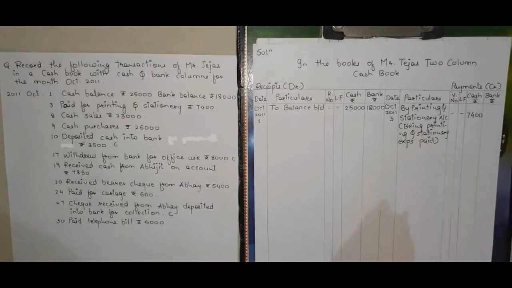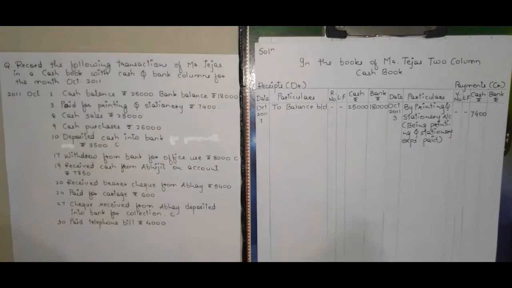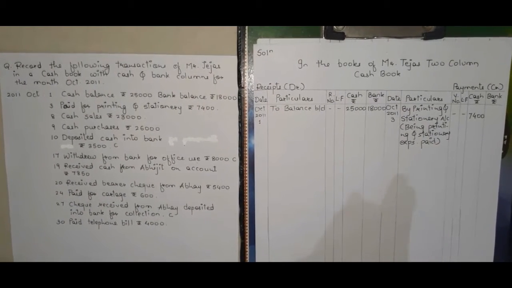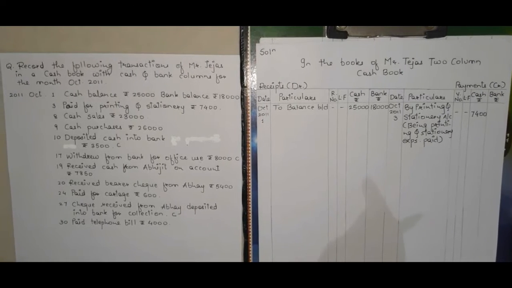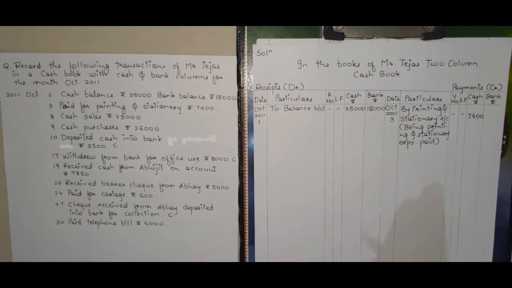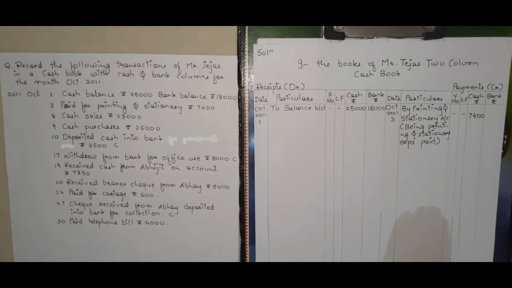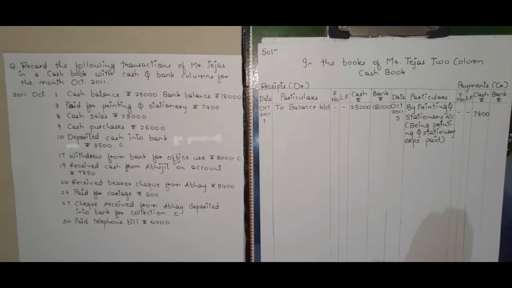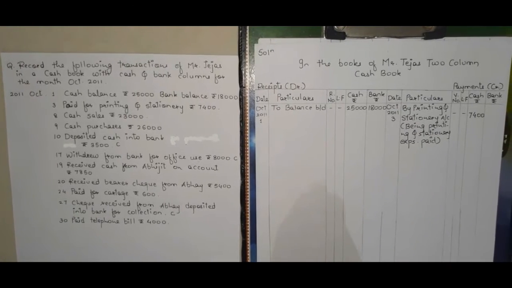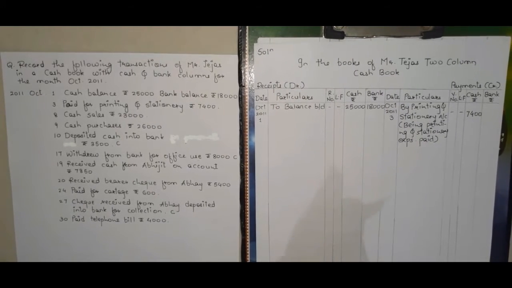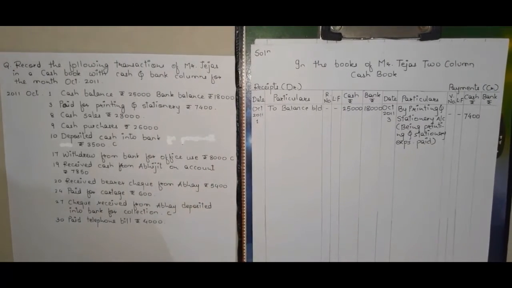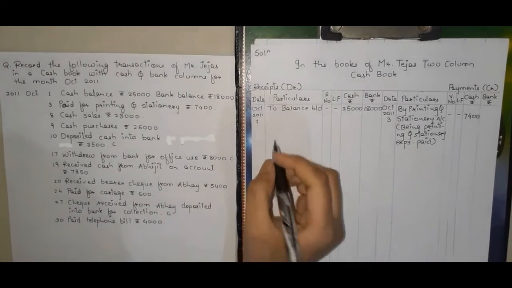Next one, on 8th, cash sales rupees 23,000. Now this is a profit for us because we have sold some goods to a third party and we have received immediate cash payment of rupees 23,000 against sales. So this is receiving cash, so we are going to write that in the receipts column.